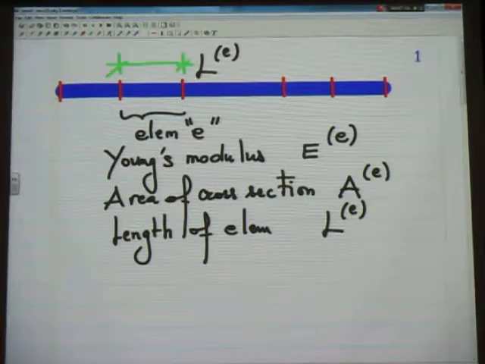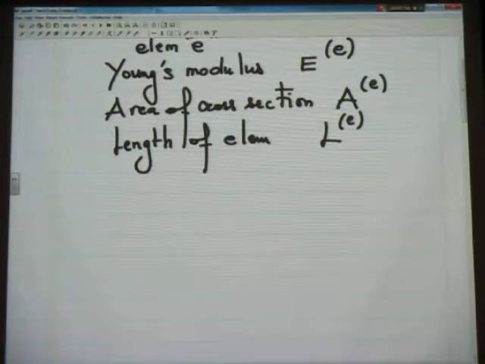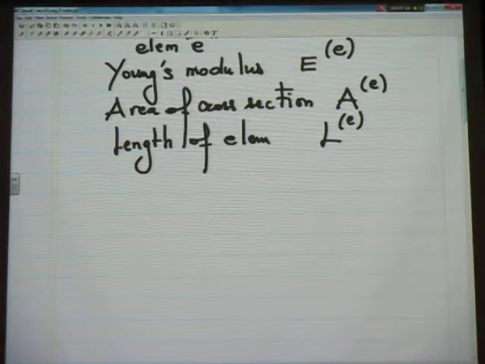So the spring constant can be easily derived from mechanics of materials. How many of you took mechanics of materials? Yeah, all of you. Okay, so you may have seen this derivation before. Let me leave an opportunity for someone to contribute before I write the formula.